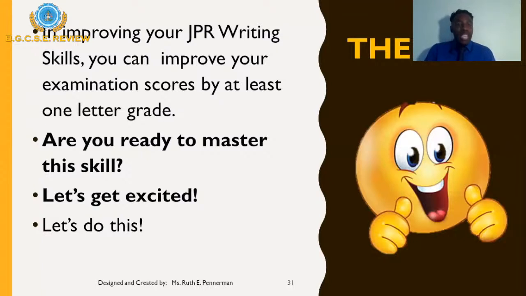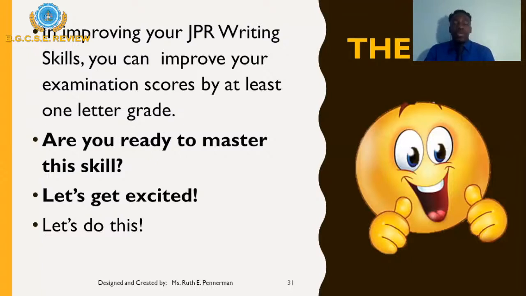And for whichever side, as we said earlier on in the presentation, has the greater amount of points or ideas that you would have penned, that's the side that you go with, because you always want to have more points to be able to develop for your position. Of course, we remember that the position takes the majority of the points as it relates to JPRs.